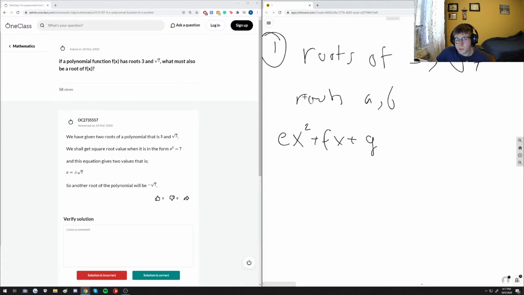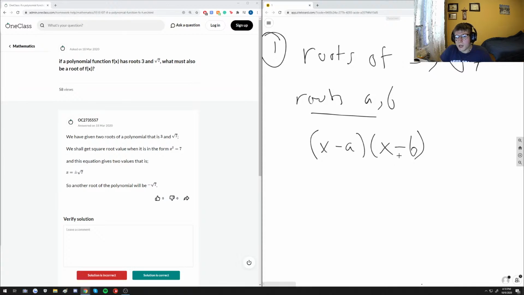And we know that we can possibly factor this into the product of two terms if we have two roots. So ultimately, if this equation has roots a and b, then we can write it as x minus a times x minus b. And this would still be the same equation, but now it's written in a factorized form.